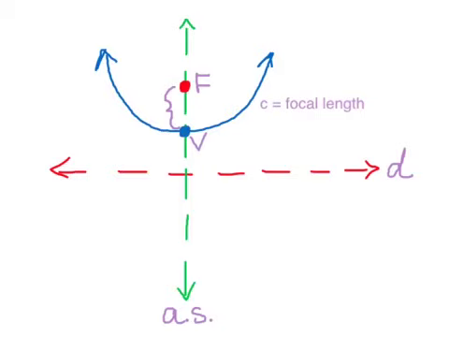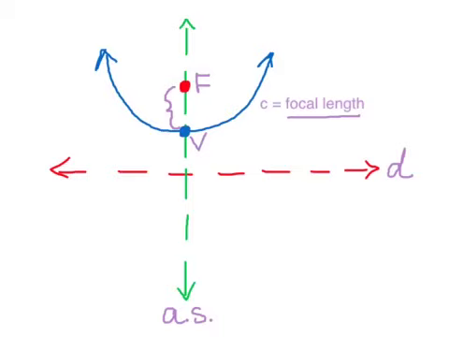The distance between the focus and the vertex is called the focal length, and that's usually denoted by the letter C, little c. And that distance is going to be important because it will tell us things about the equation of this parabola, as well as if you know the equation of the parabola already, it will tell you the focal length. And so we'll get into that in a minute.